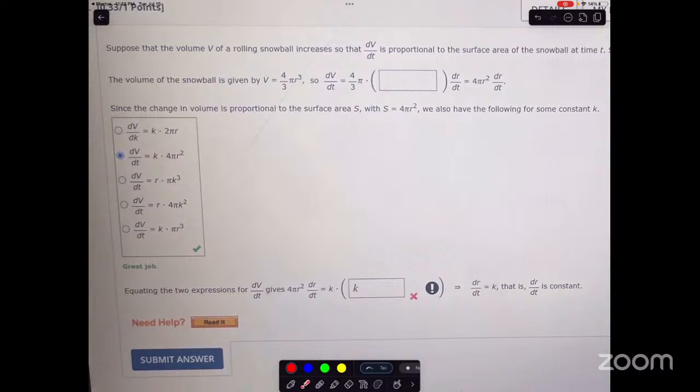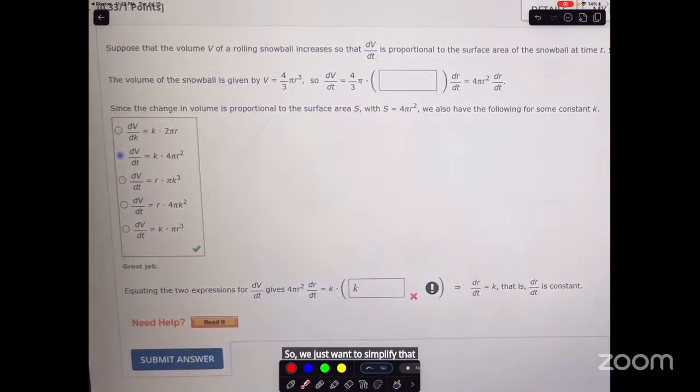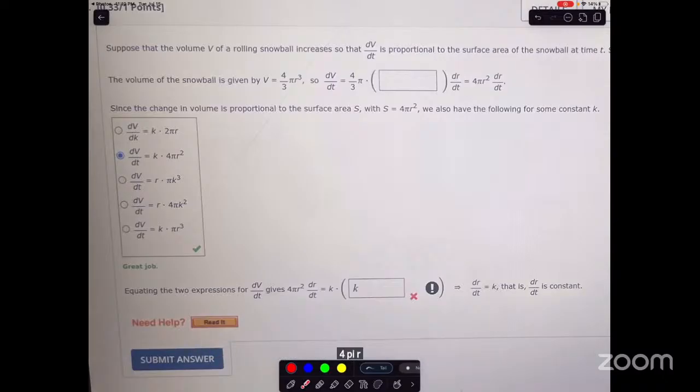So then the last part, we want to equate the two expressions for dV by dt and simplify. We found in the first part that dV by dt was 4 pi r squared dr by dt. Right here, 4 pi r squared dr by dt equals k times 4 pi r squared from the surface area.